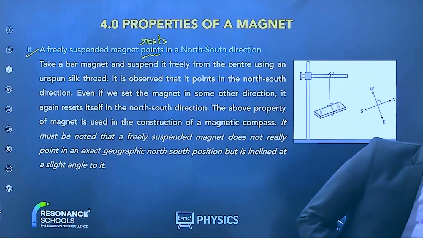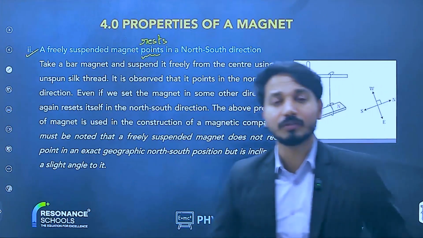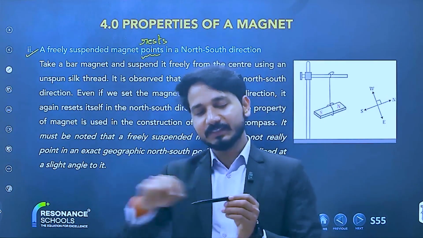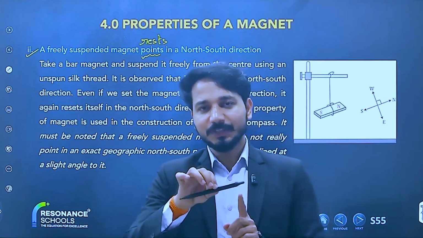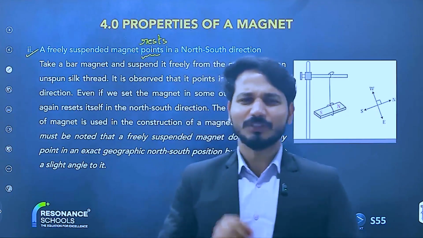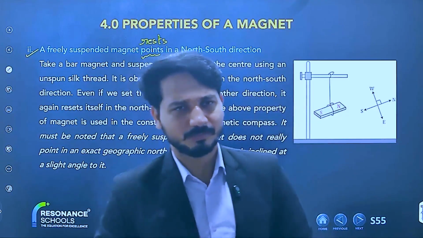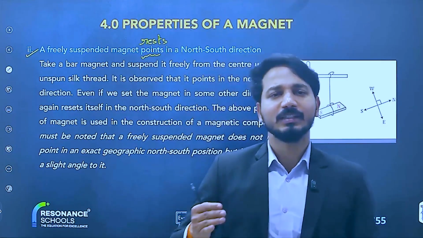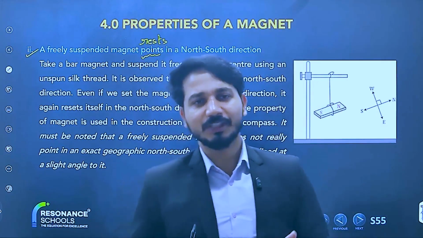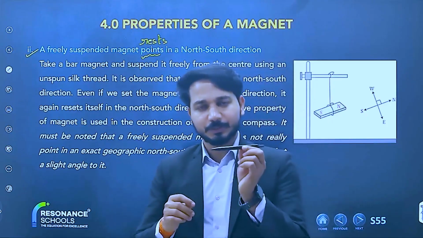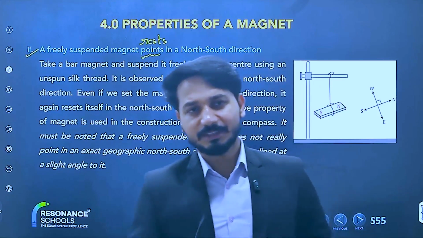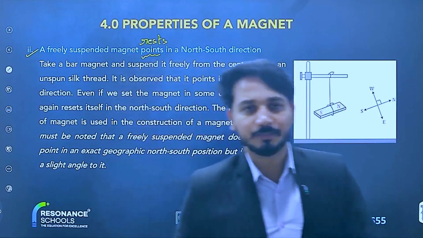When we are saying geographic north-south direction, it's not like it will lie exactly over there. There might be a certain variation, a very minimum angle, and there is no defined angle for different magnets. The angle differs. So the general statement is that whenever we are suspending it, it will be pointing towards north and south, or resting towards north and south only.